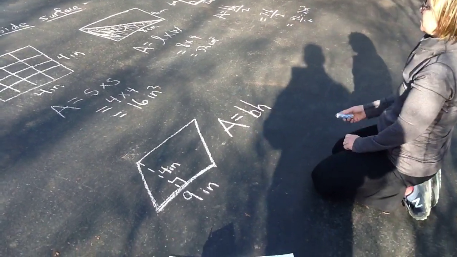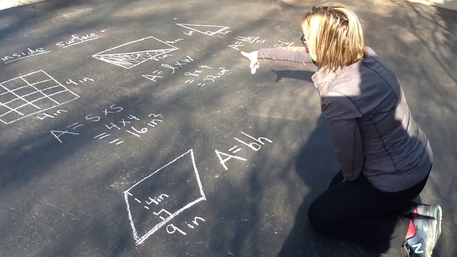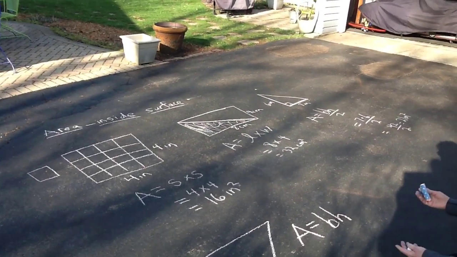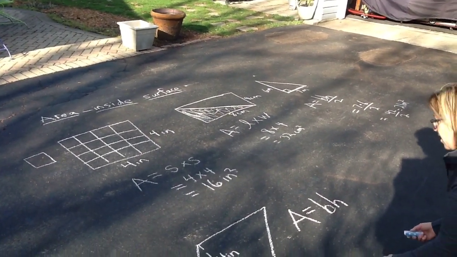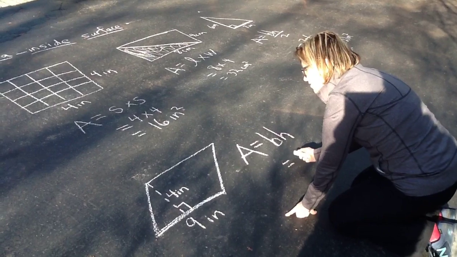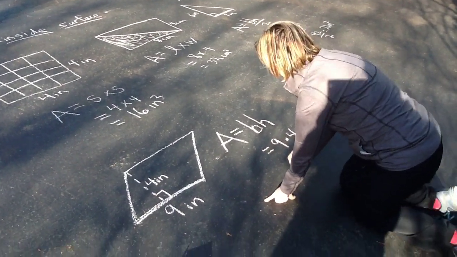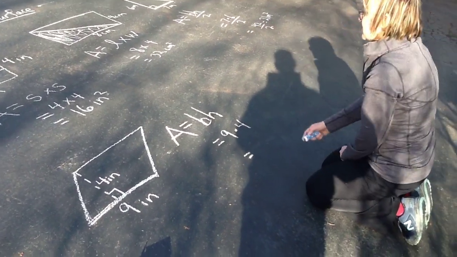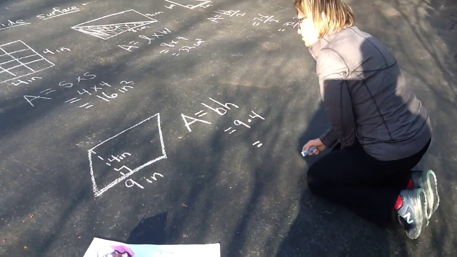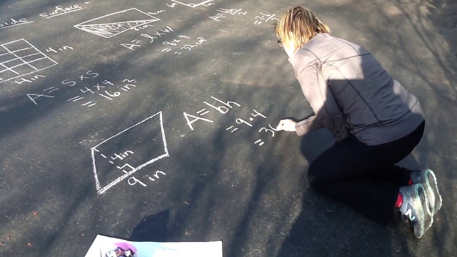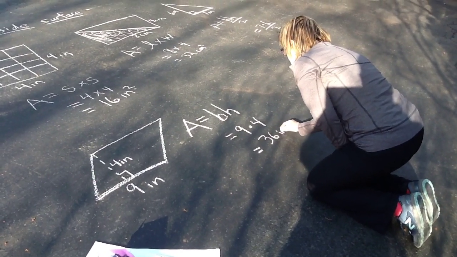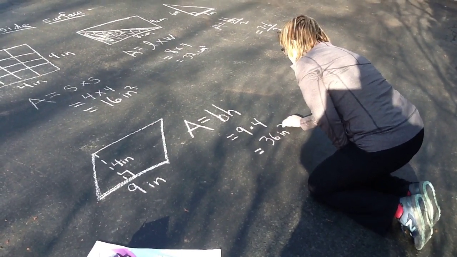It's similar to the rectangle over there, except instead of calling it a length and a width, we call it a base and a height. So if my base is 9 and my height is 4, I substitute those dimensions into the b times h, and I get 36 inches squared.